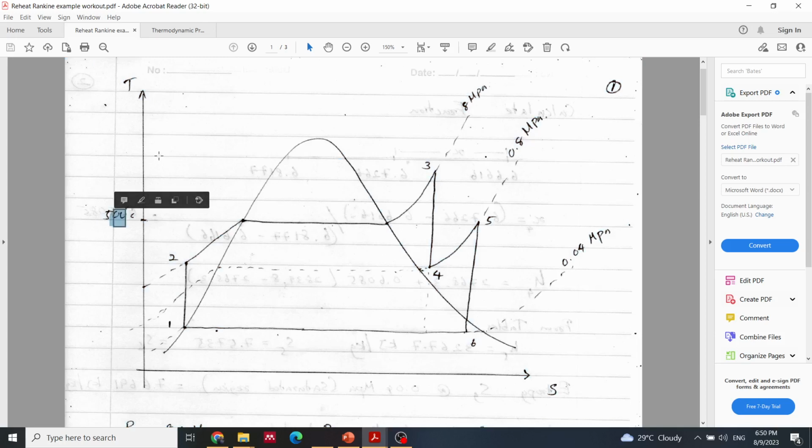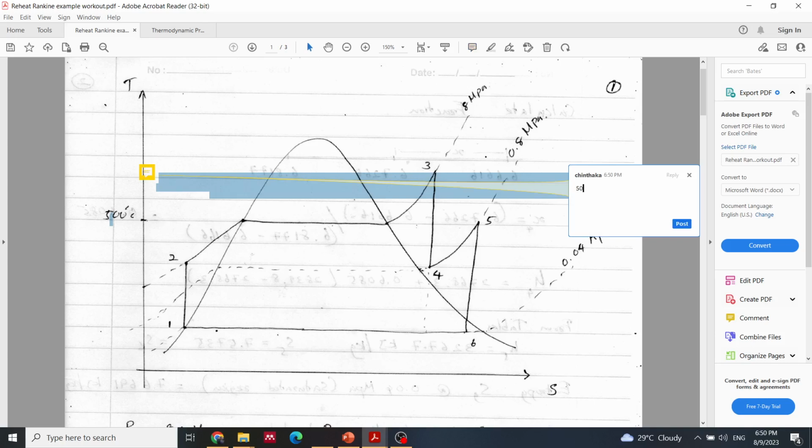This should be 500, and here at number 3, it should be 500. Now in here it should be 500.